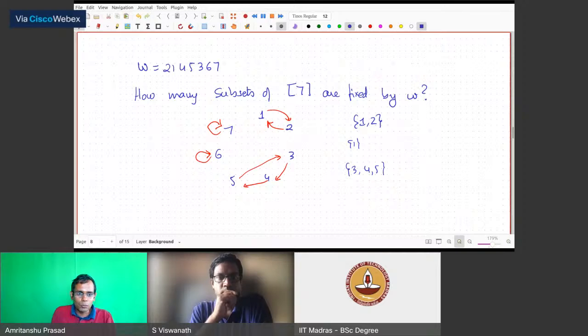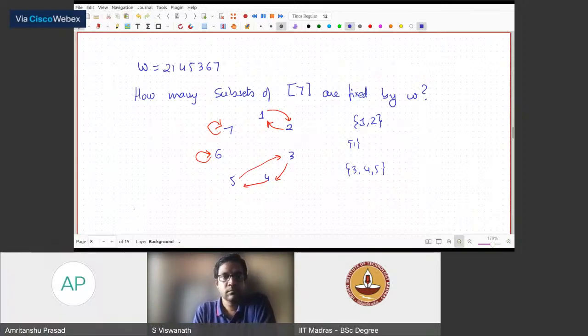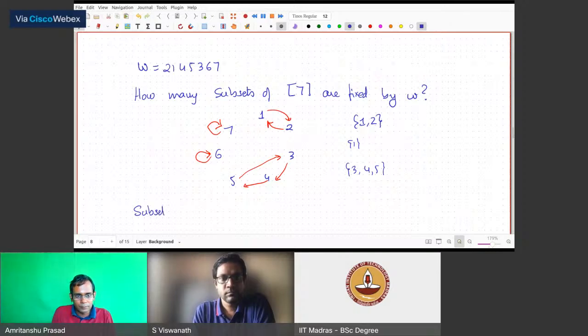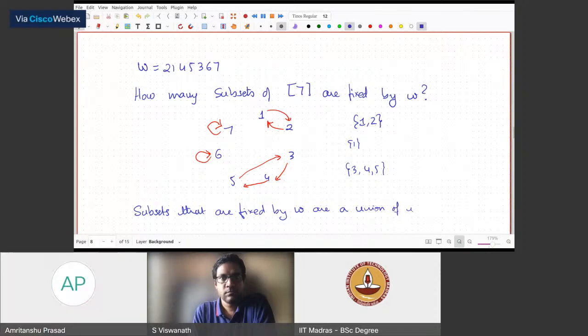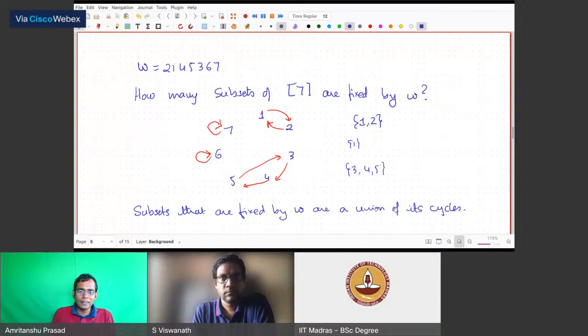The fact is that the subsets that are fixed by W are unions of its cycles. So each cycle is either fully contained in your subset or disjoint from your subset.